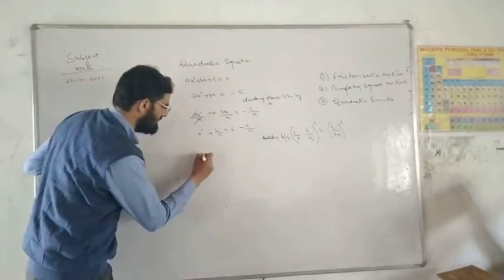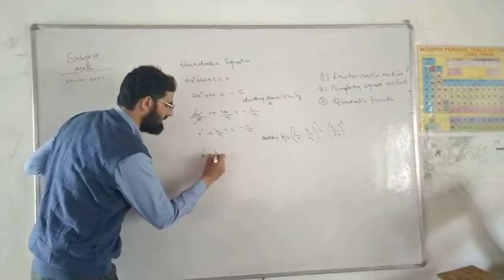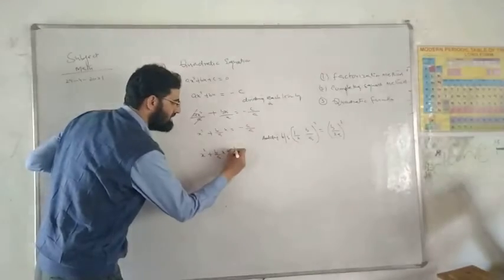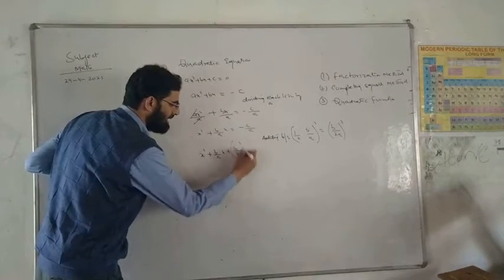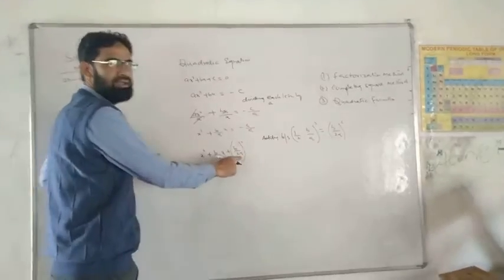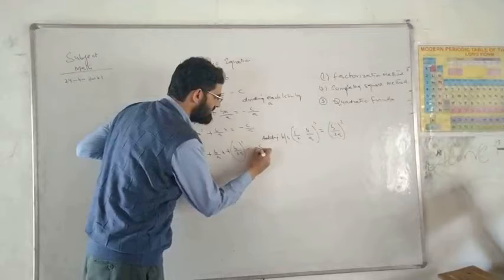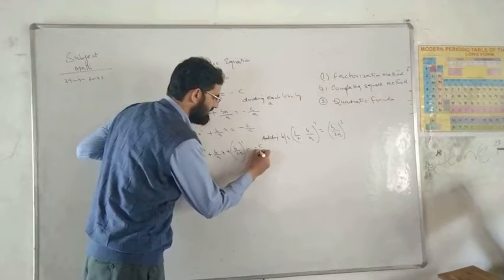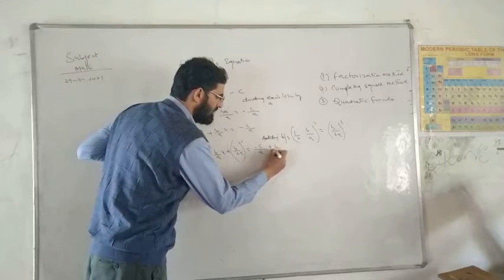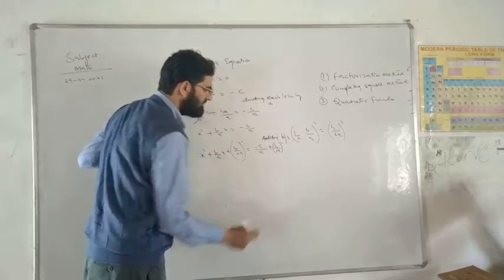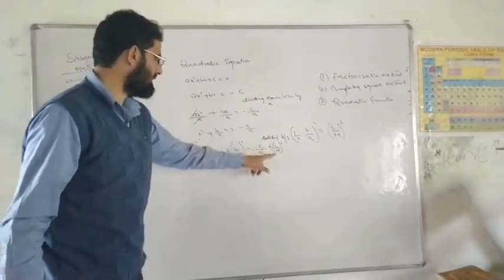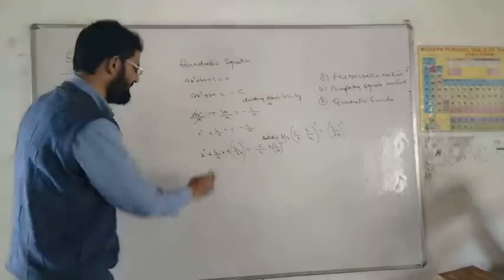So as to complete the square, x square plus b by a x plus b by 2a whole square. This term we are adding to the left hand side, and the same term is to be added to the right hand side also, plus b by 2a whole square. Here the square is completed.